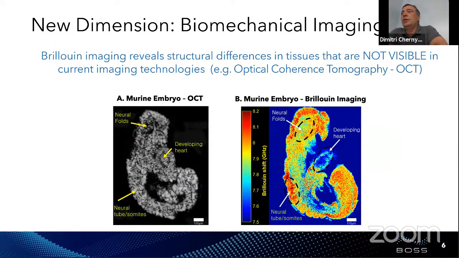And when you look at the Brillouin image, you can see that there are certain areas that are substantially stiffer in their elastic properties, such as the hard tissue of this developing embryo, versus some of the neural structures that are softer. So this is like another dimension that was not previously accessible to clinical research, and it reveals structural differences beyond morphological differences.